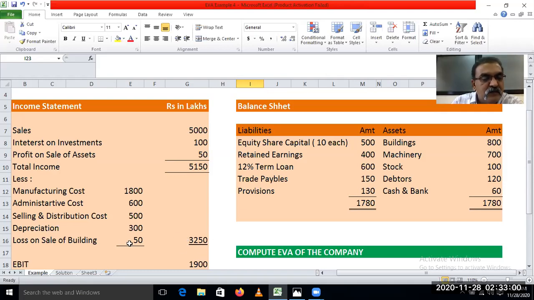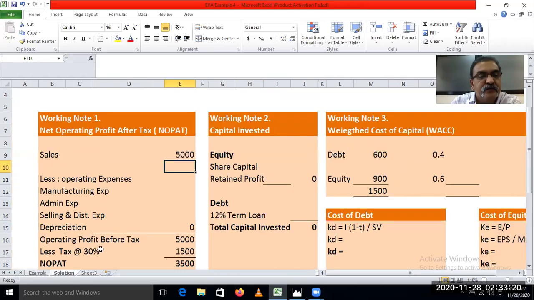But out of this, we are not going to consider the loss on sale of building because this is not an operating expenditure. This is non-operating expenditure, a non-operating loss. So we are going to consider only these four items. First one, manufacturing cost, amount 1,800.